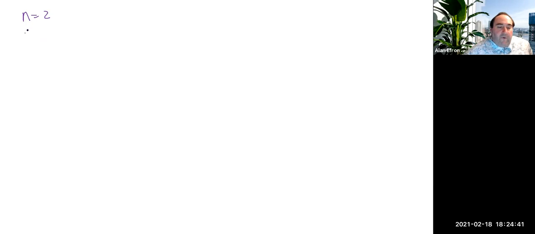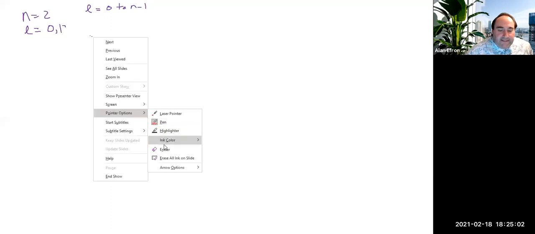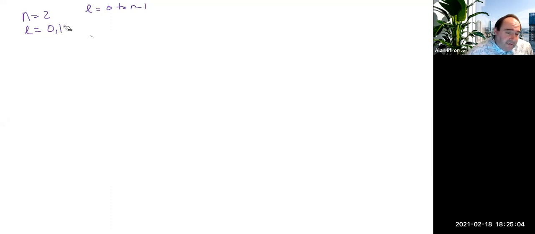So for n equals 2, again, L could go from 0 to n minus 1. So in this case, 2 minus 1 is 1. So L could have a value of 0 and, if I do the math right, 1 there. So this is different than what we see on the first energy level.